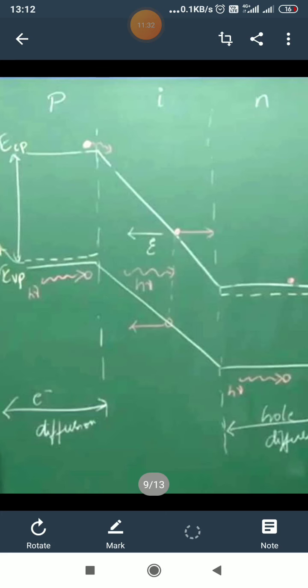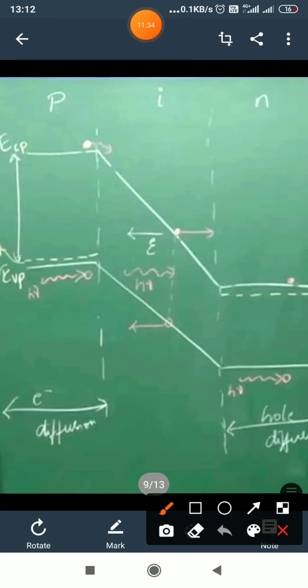The same thing now. When light energy falls on the depletion region, what happens? Again, an electron-hole pair will be generated. Because of this electric field, the electron will drift back to the N region and the hole will drift back to the P region.